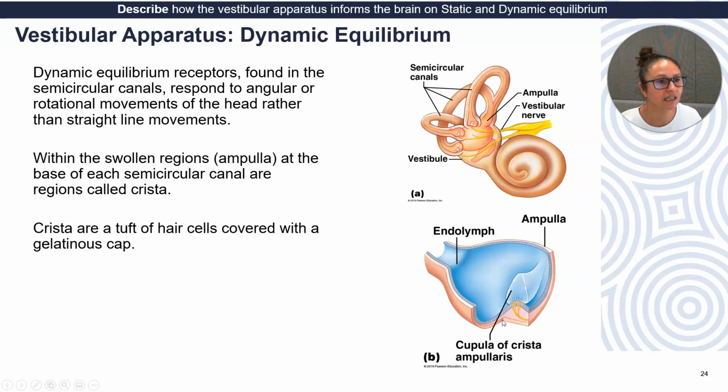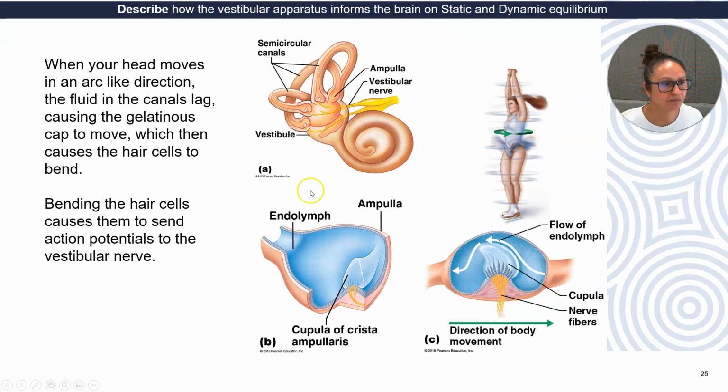Let's have a look and see how that works. If you spin, this causes the fluid in here to move. This causes this jelly to move.